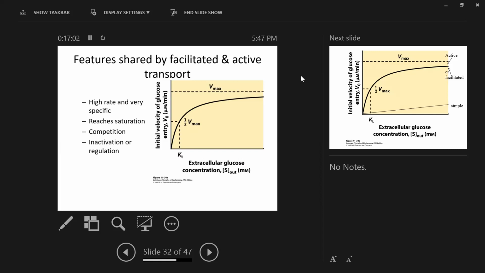And this kind of graph you can see for active or facilitated transport that involves a protein. You would not see this for simple diffusion. It's actually linear. We'll see that. But protein transporters make transport very fast. Okay, but they're very specific.